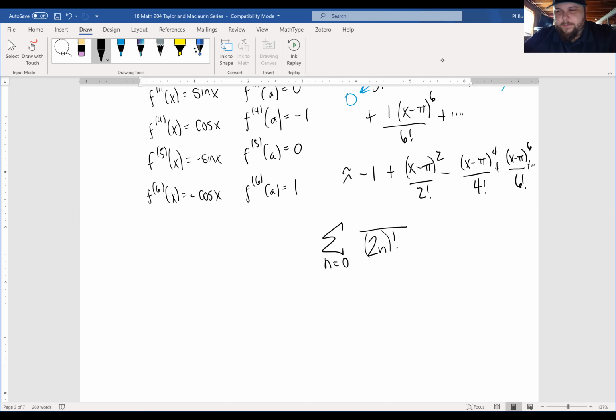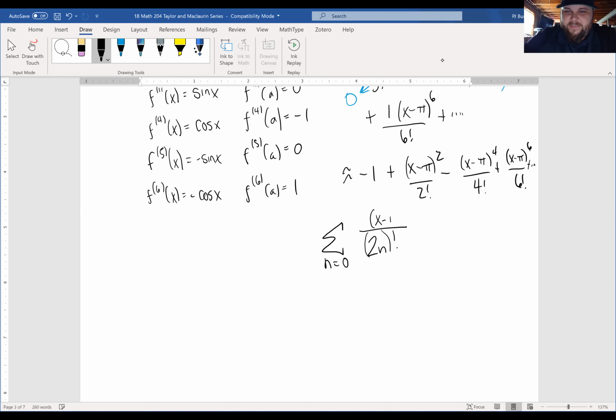What else do we see? How about the x minus pi's?